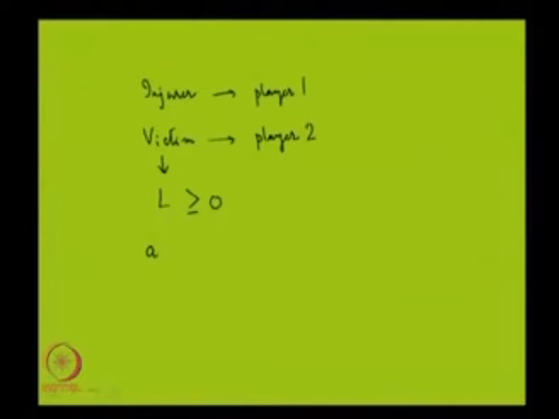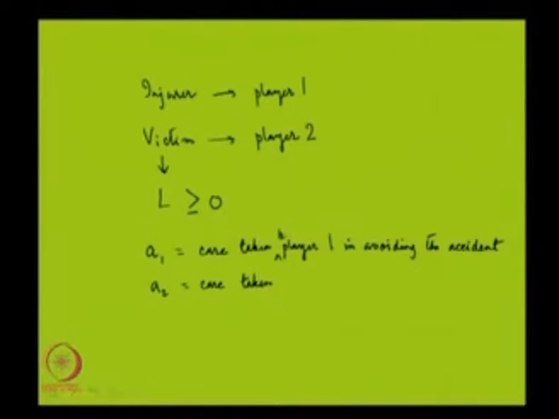These will be called A1 and A2. Now, what kind of function is L of these two variables A1 and A2?